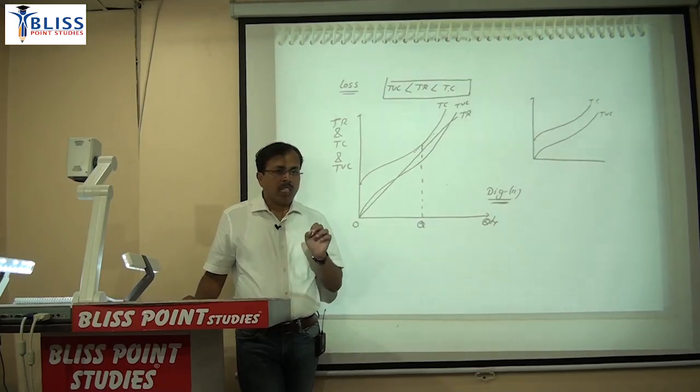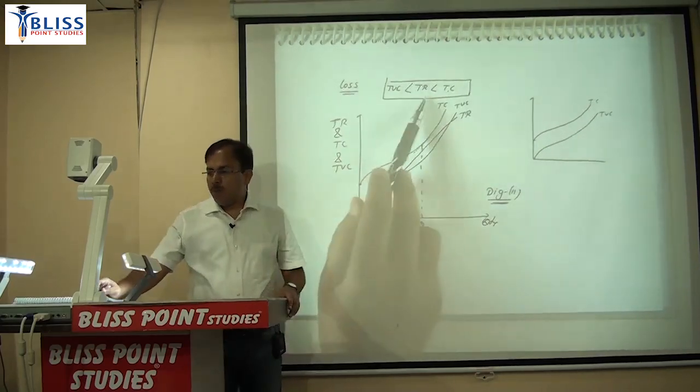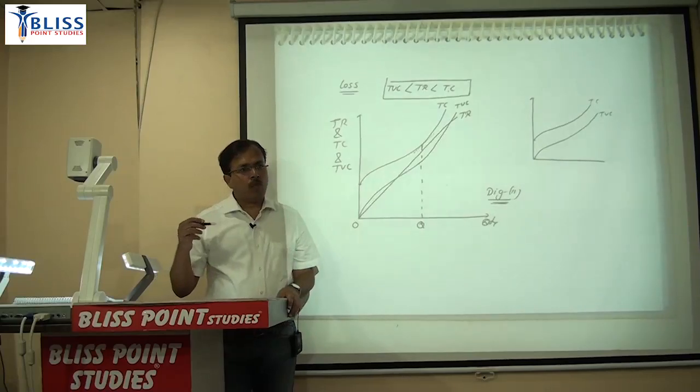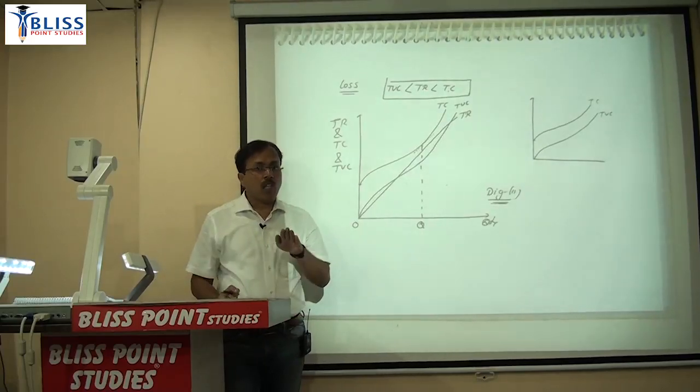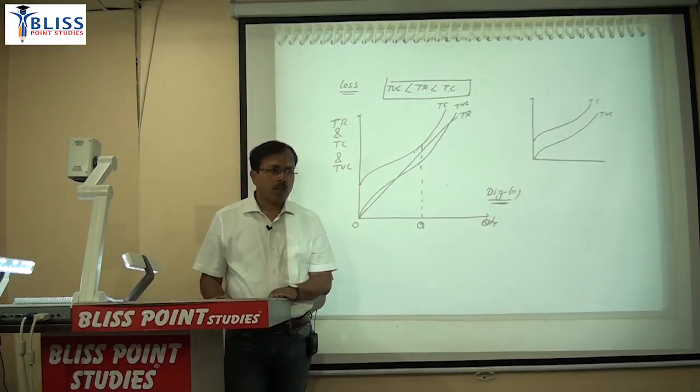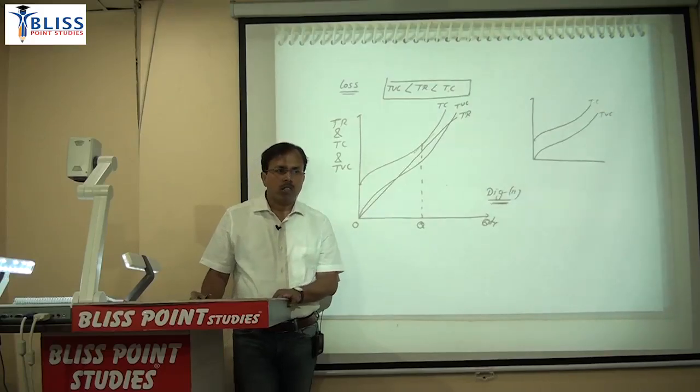So what exactly is the shutdown point? If TR is more than TVC, the firm will operate despite loss. If it is just equal to that, then that point is called the shutdown point.